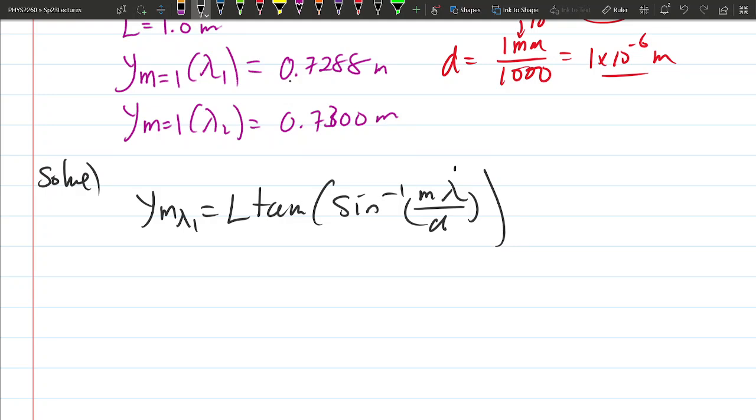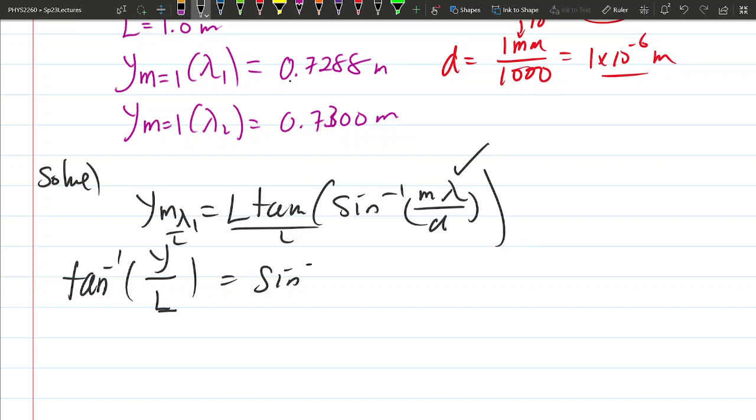Okay, so we're trying to get to the wavelength. Therefore it's y. I'm just going to write y instead of all these subscripts. Divide by L. That's actually the tangent of it because I divide both sides of that. So I have to do the inverse tangent of both sides, right? That'll get rid of the tangent function. So now we have the inverse sine equal to some other function, right?